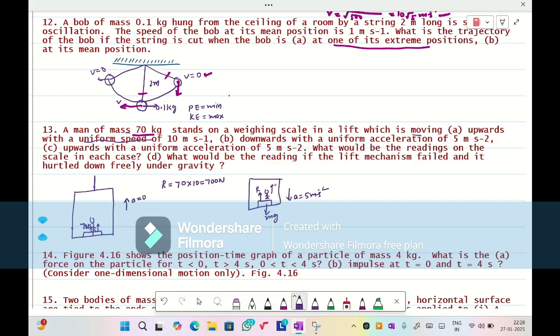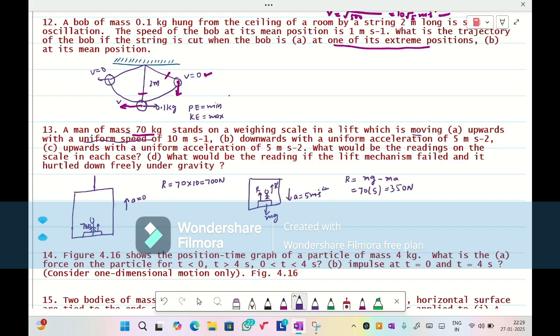So the normal reaction is mg minus ma, that equals 70 into 5, so 350 newtons, half of his initial weight. The reading shows 350 newtons.